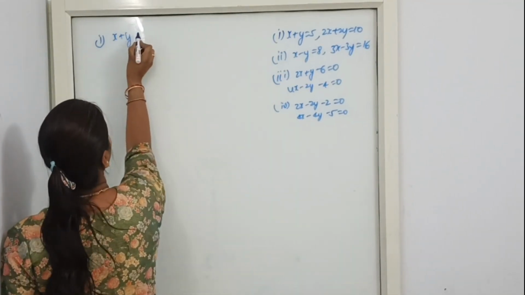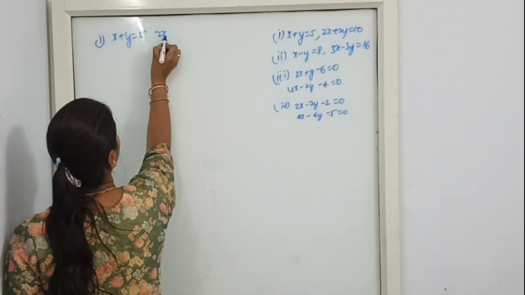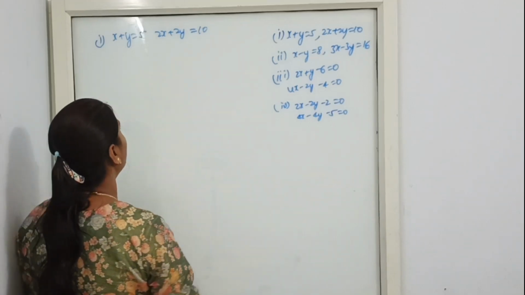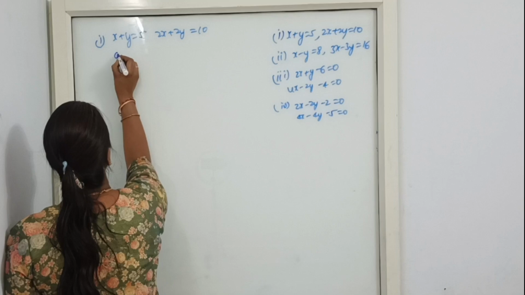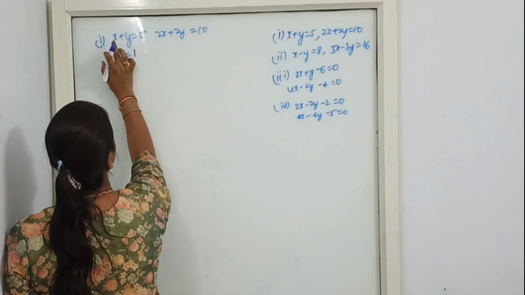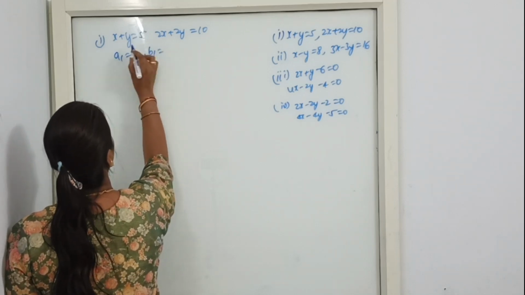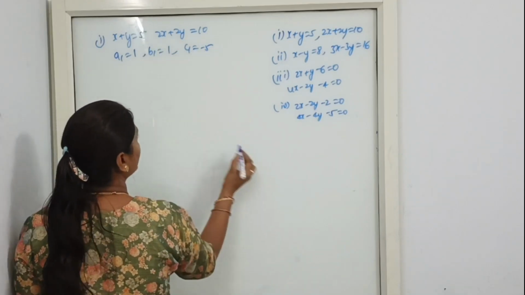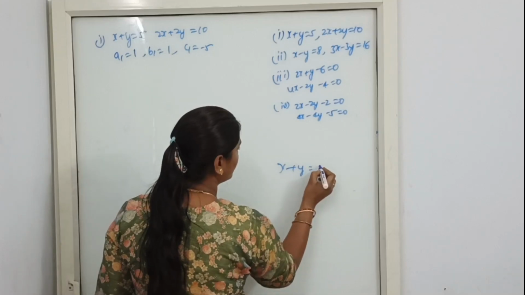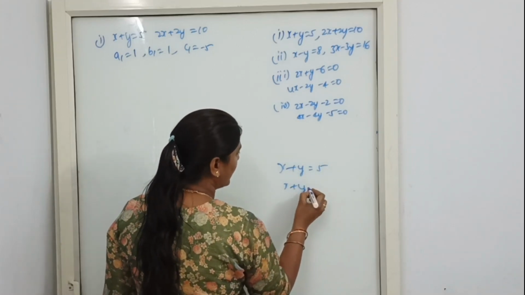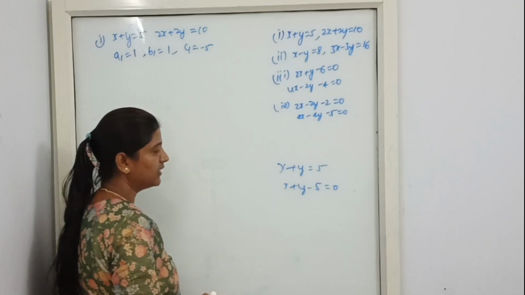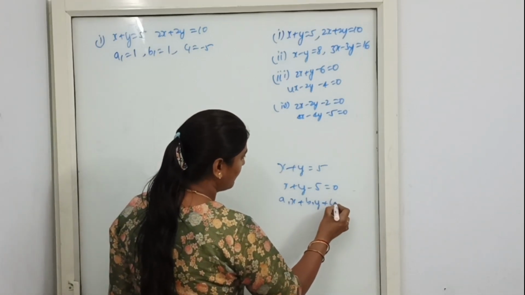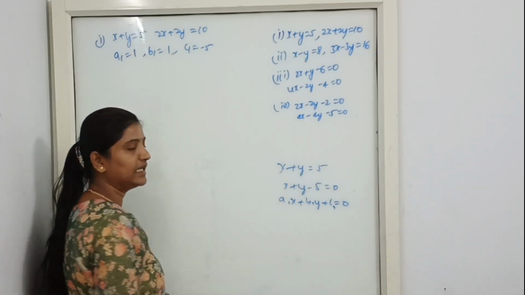x plus y is equal to 5 and 2x plus 2y is equal to 10. So compare: A1 is 1, nothing is there means 1, and B1 is 1, C1 is minus 5. Don't get confused here. x plus y is equal to 5 means x plus y minus 5 is equal to 0. So it is A1x plus B1y plus C is equal to 0.